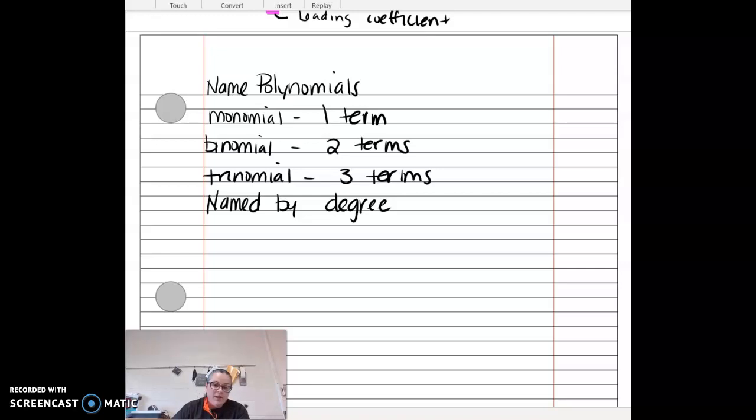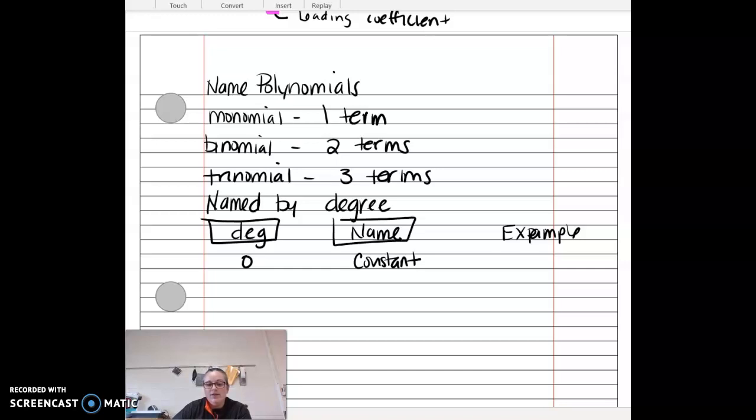So if your degree is 0, the name would be a constant. We're looking at the degree, the name, and then an example of what that matches. So a constant number would be like 3.